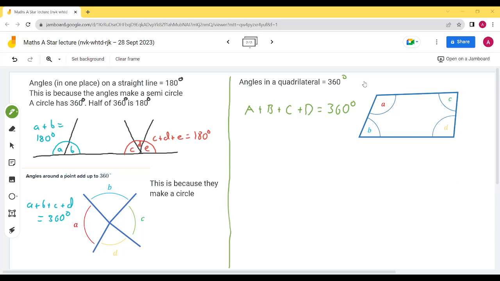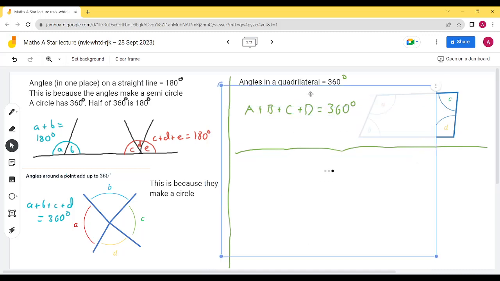So just before we move on, we're going to have a look at a couple of questions to do with this. This is an early question from a past exam.